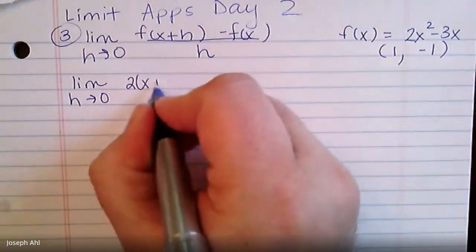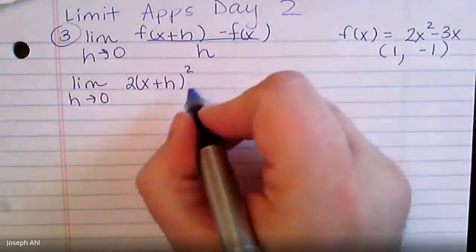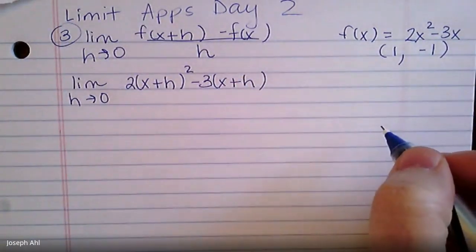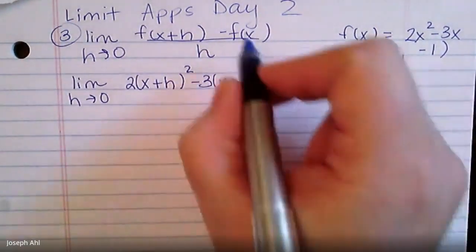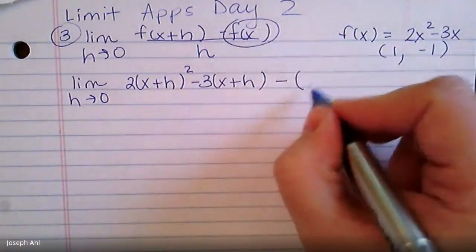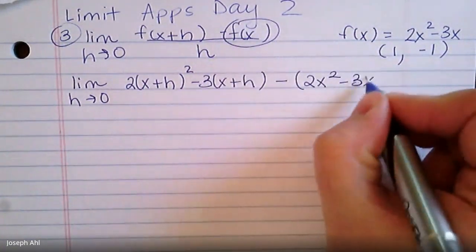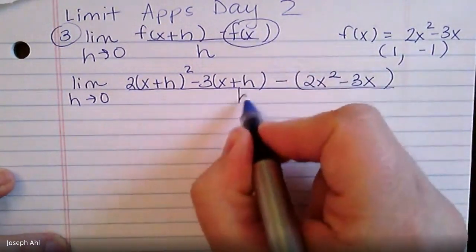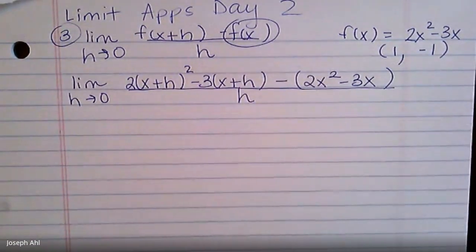So it's going to be 2 times (x plus h) squared minus 3 times (x plus h). And then from that, we're going to subtract the whole function f of x, which is 2x squared minus 3x. So you can put that whole thing in parentheses because you're going to have to distribute that negative sign. And then this would be all over h here.